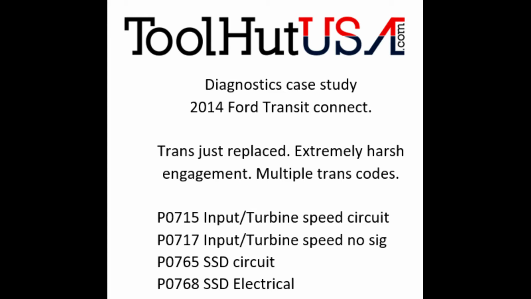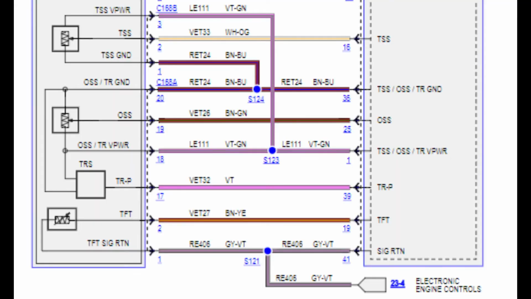I do not like unplugging, removing, and inspecting a lot of stuff before I gather some data. I don't mind doing a visual inspection, but I'm not familiar with this van. So I've decided to just grab the scope and get a turbine speed signal. Here's my schematic. It's pin 16 at the powertrain control module.